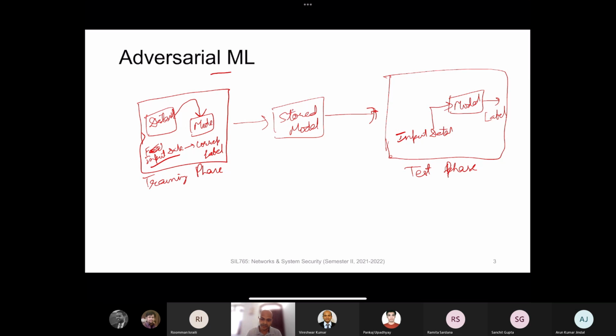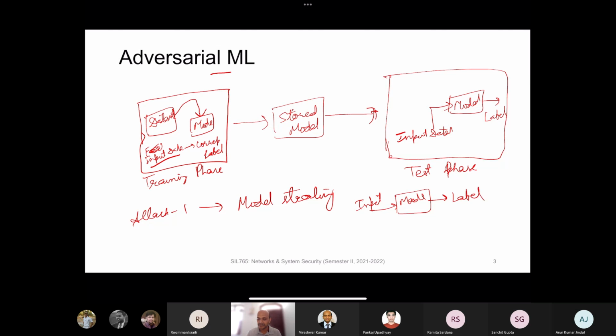And then we looked into attack 1, which was referred to as model stealing. So we talked about that if a model is stored and if there is a way to give input to this model and obtain the corresponding label, attack or no attack, then it is possible to learn about this model, and that is what is called model stealing.